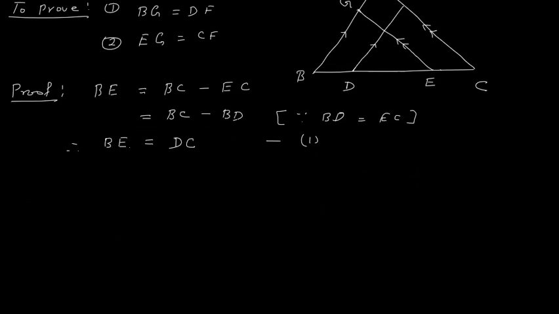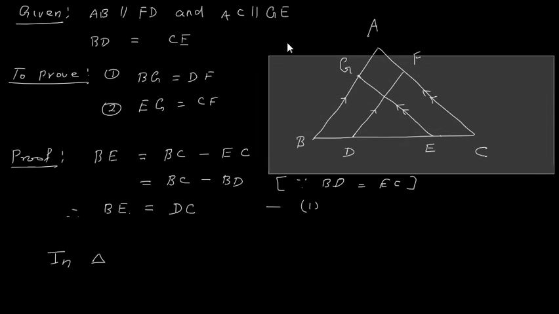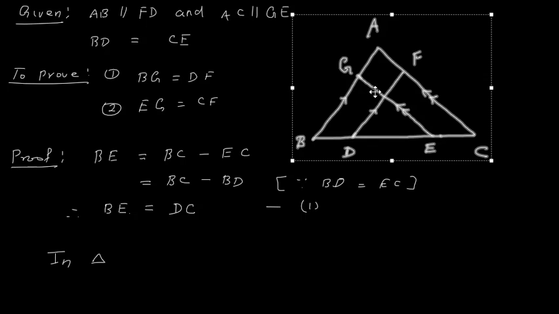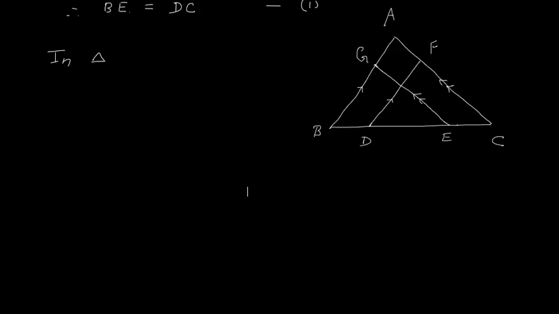Now let us take two triangles. So in triangle GBE, let us take this triangle little down. Okay, so it is easy to see. In triangle GBE and triangle FDC.